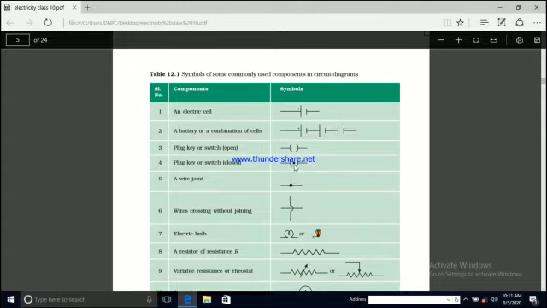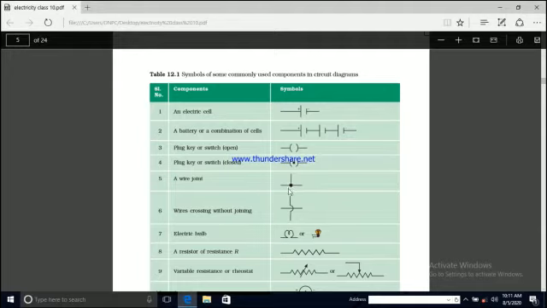The next one is a wire joint, where two wires are joining. While giving connections, somewhere you will have to join two wires. How these are joined: there will be a cross, and at the center of the cross there will be a black dot.